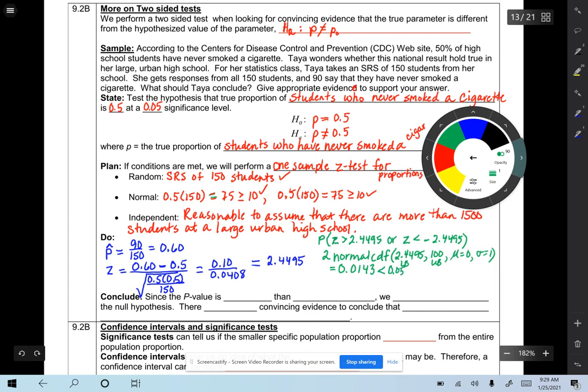So since the p-value is less than our significance level, we will reject the null hypothesis.